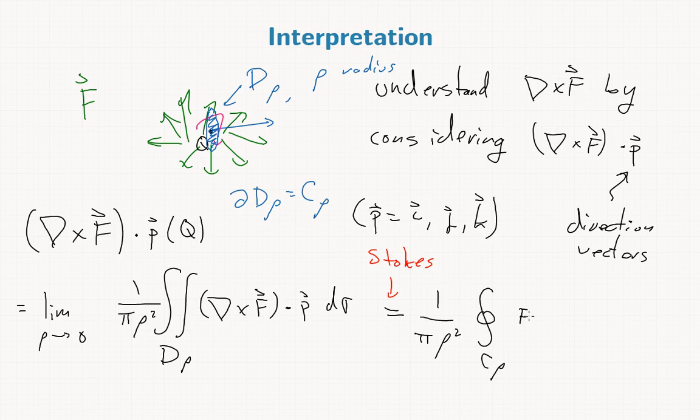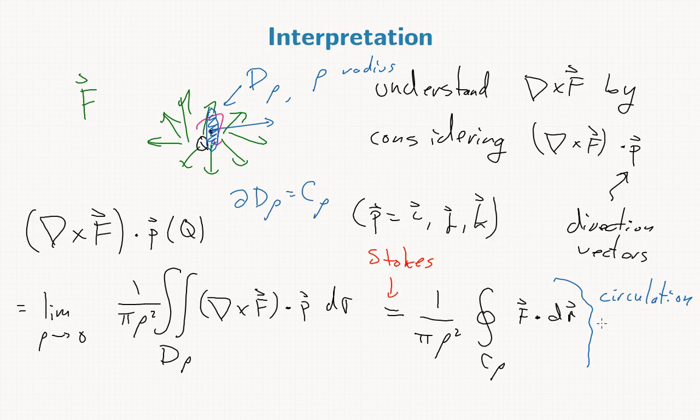And now this line integral of the original vector field, we interpreted this sort of integral as measuring circulation.